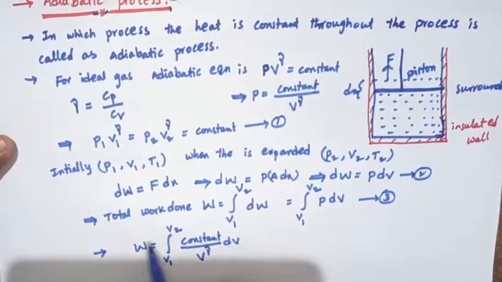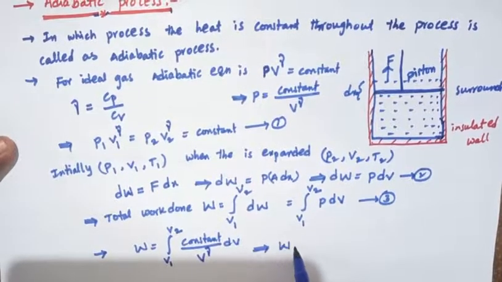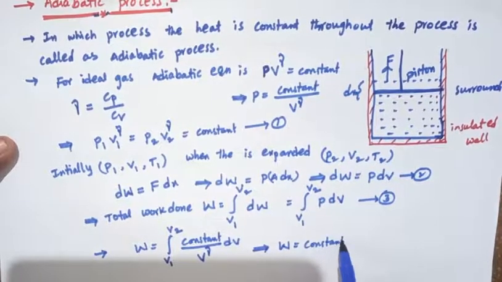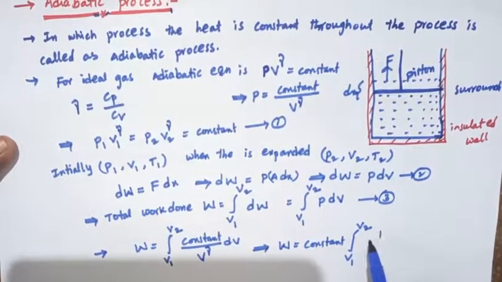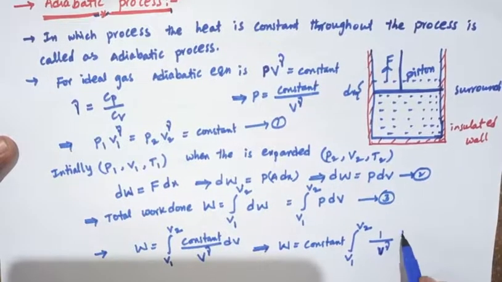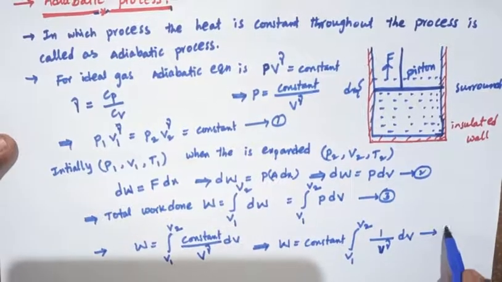The constant is taken outside, so W equals constant into the integration from V1 to V2 of 1 by V to the power of gamma dV. This is equation number 4.